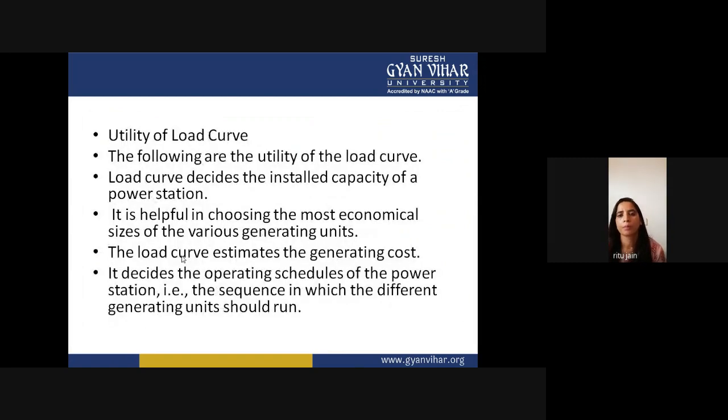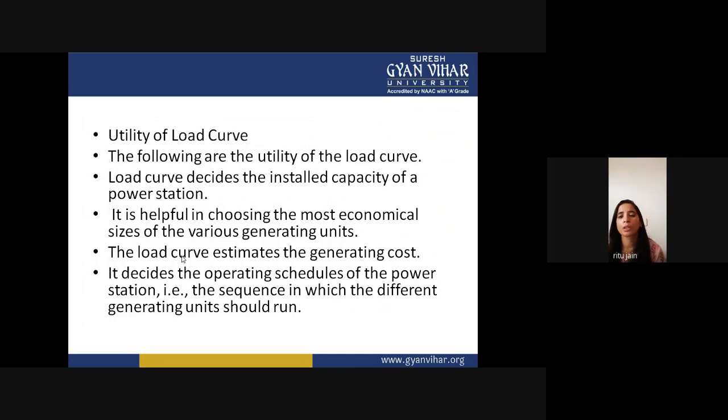Utility of load curve. The following are the utilities of the load curve. Load curve decides the installed capacity of a power station. If you don't know how much load you require, then you are not able to generate the electricity. It is helpful in choosing the most economical size of the various generating units, because there are different generating units in a power plant.